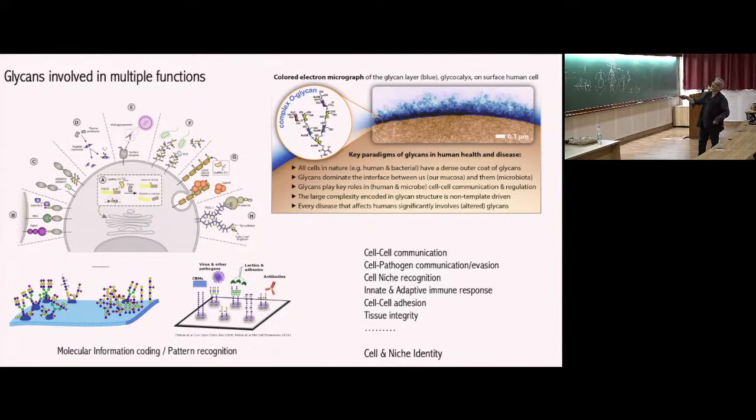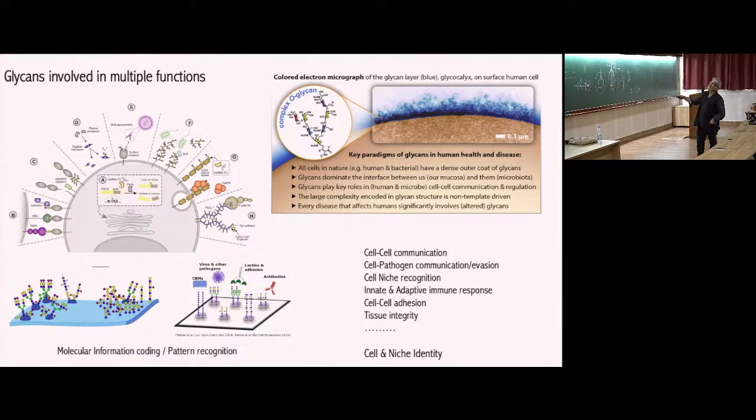All cells in nature have a dense outer coat of glycans. Glycans dominate the interface between us, namely the host, and them, namely pathogens or bacteria.